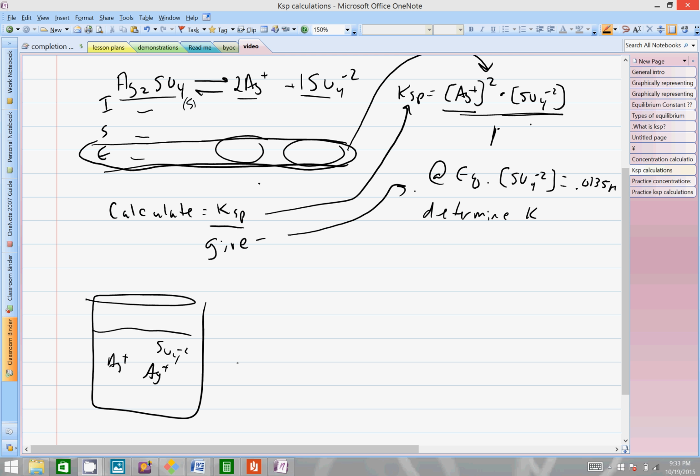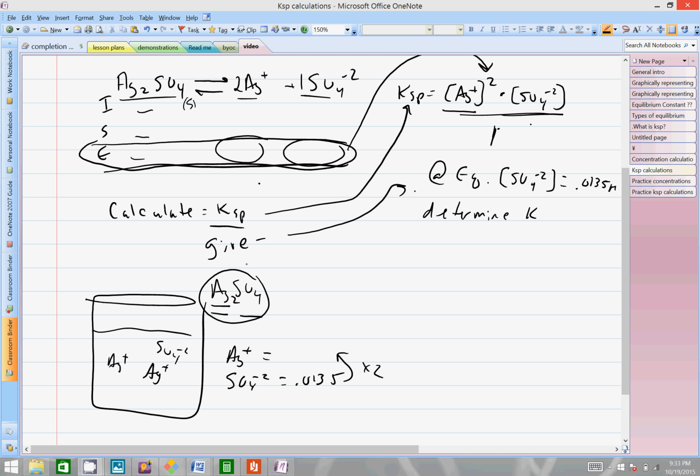If your Ag plus ion concentration is unknown and your sulfate ion is 0.0135, the silver is double that, because I'm dissolving silver sulfate, which stoichiometrically has 2 of these for every 1 of these. I could take the silver from one source and the sulfate from a different source, and then they wouldn't be locked by a chemical formula. They could have 2 separate, totally independent formulas.